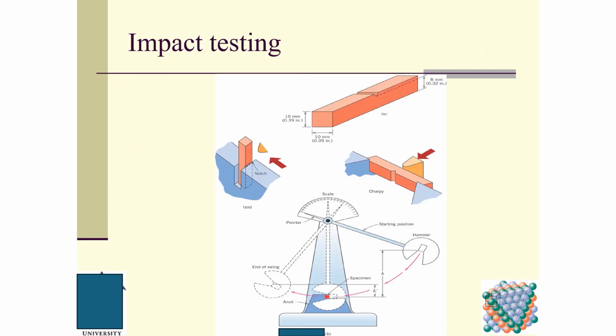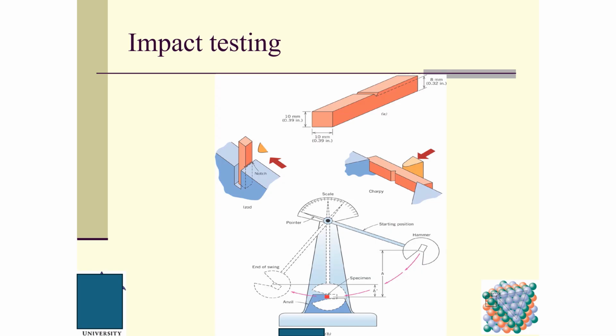And then we talk about the impact test. Also, in the mechanical engineering lab, you will do impact testing. This is a hammer. We put a specimen here, lift the hammer and release it, and the hammer is going to break the specimen. So this is a specimen, and then the hammer comes here.